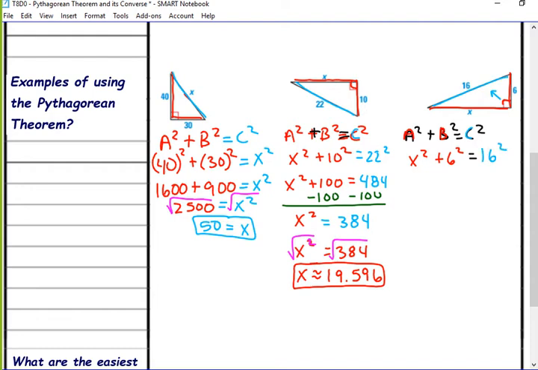Okay, so x squared, 6 squared is 36. 16 squared, I don't know that in my head. 16 squared, that's going to be 256. Okay, and so let's subtract off the 36.